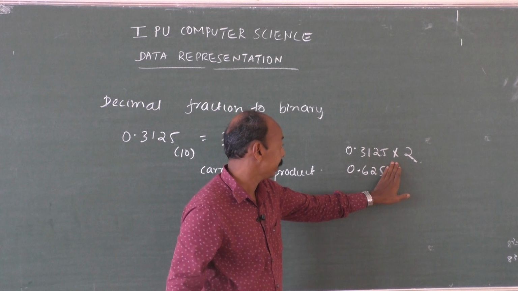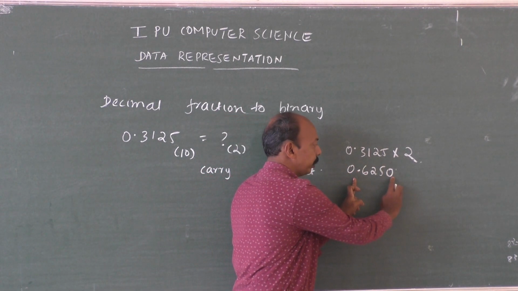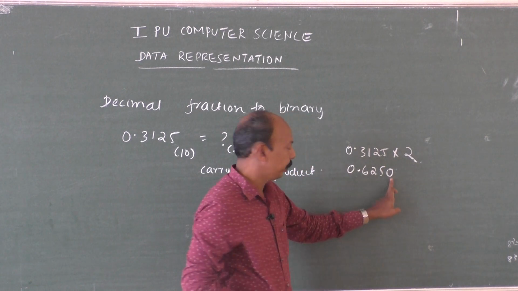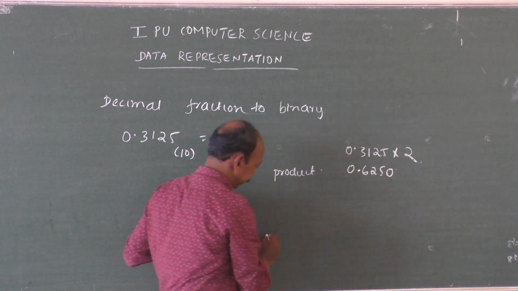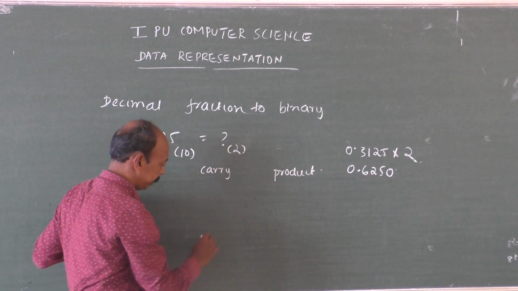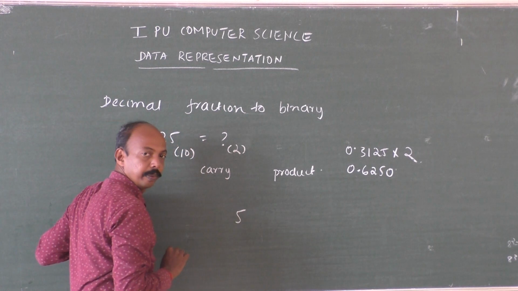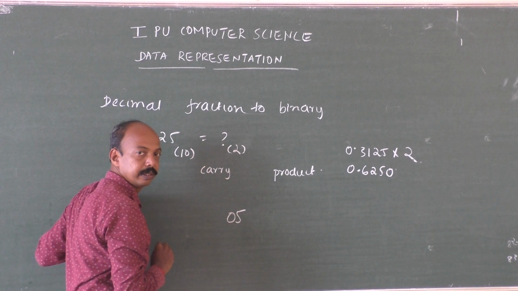Whenever we have a point, if you have a 0 towards this right side, even if you don't write it, the value doesn't change. Let me write here just for your information. When we write an integer 5, if you add a 0 to the left side, the value doesn't change.